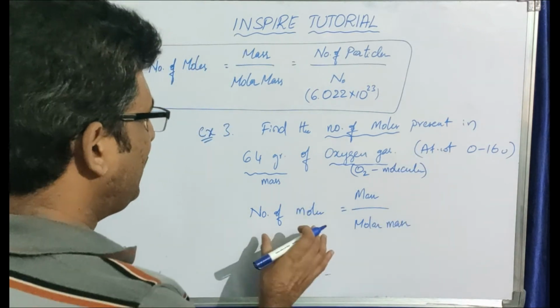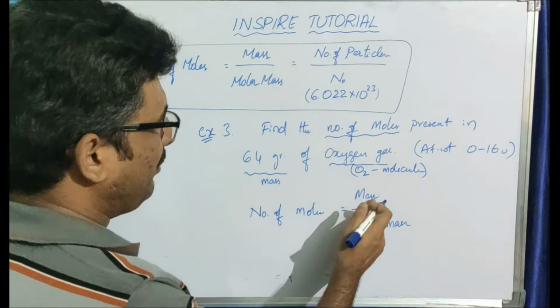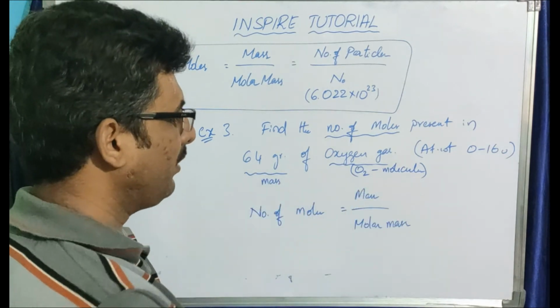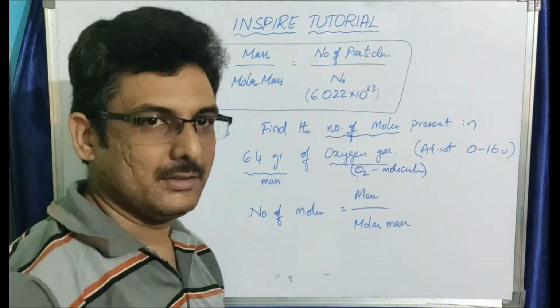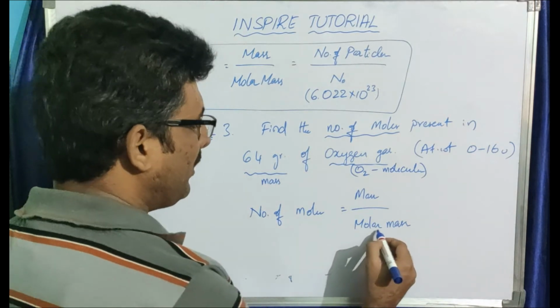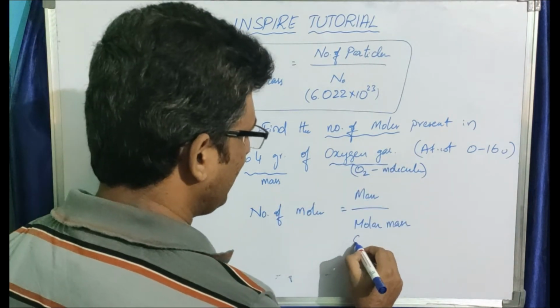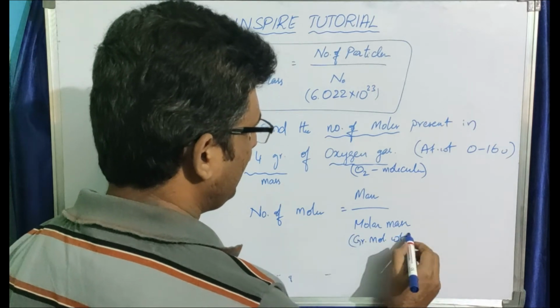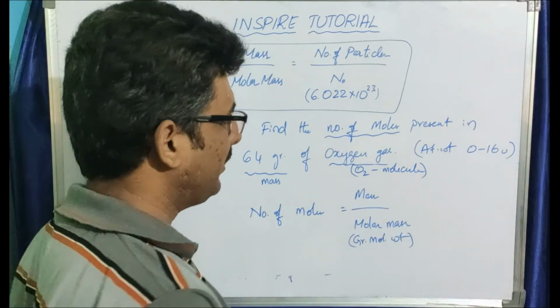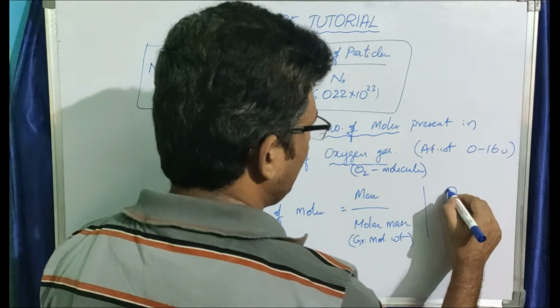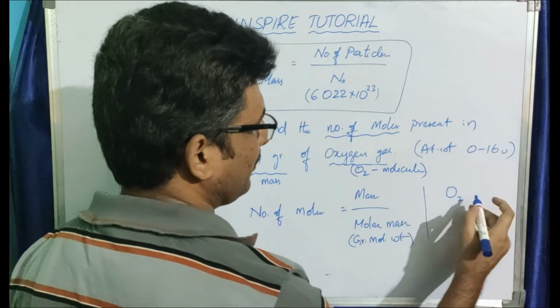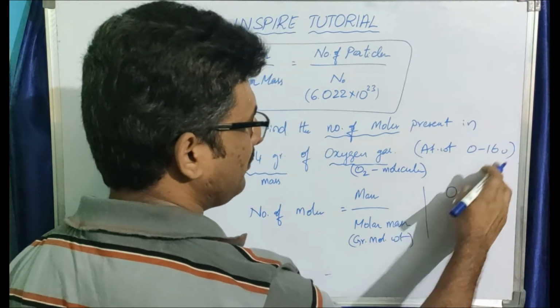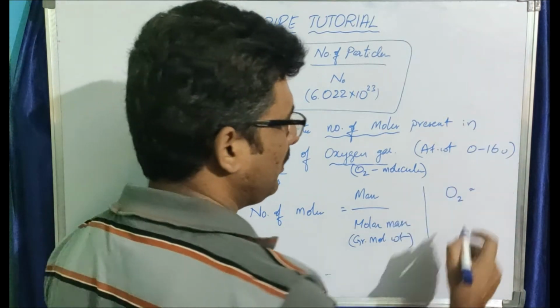Okay, so number of moles you need to find, and mass, that is 64 grams, is given, and you need to find the molar mass. Okay, so molar mass for oxygen gas is nothing but gram molecular weight. So here the oxygen molecule has 2 oxygen atoms, and each oxygen atom is 16 units.